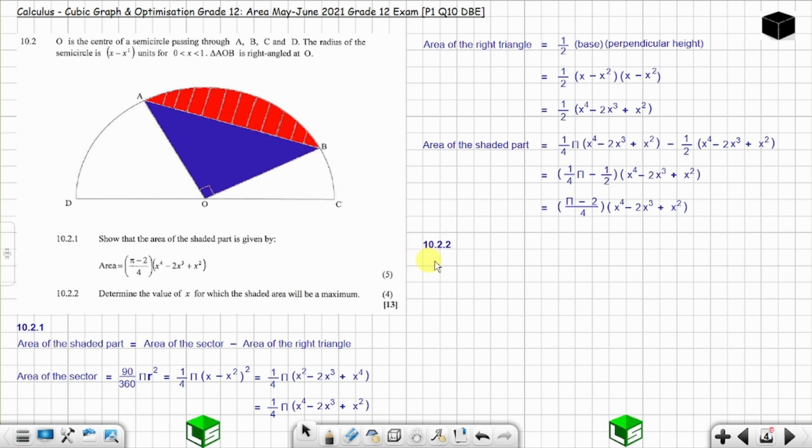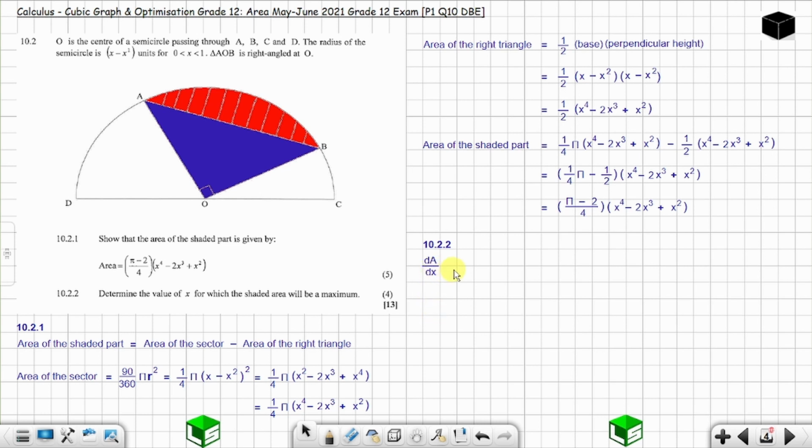10.2.2. Determine the value of x for which the shaded area will be a maximum. For the maximum, you are going to take the derivative of the area with respect to x. So you have the derivative of the area with respect to x, like this.